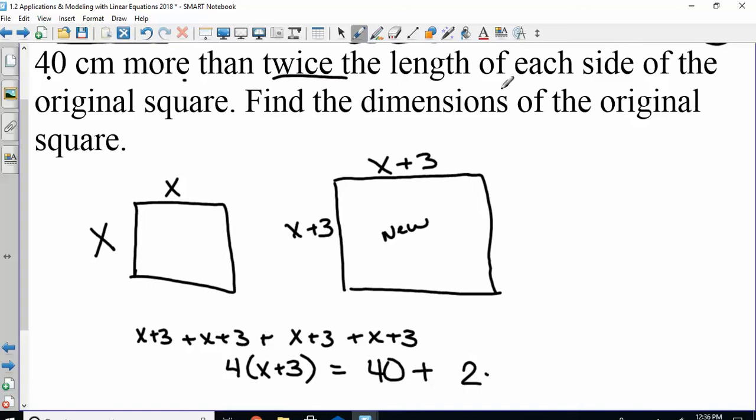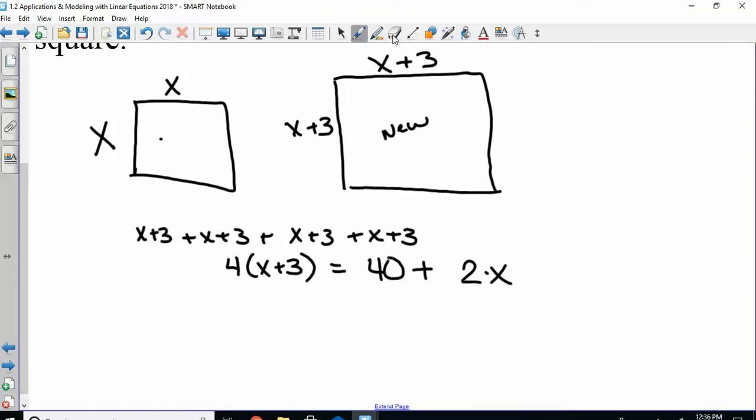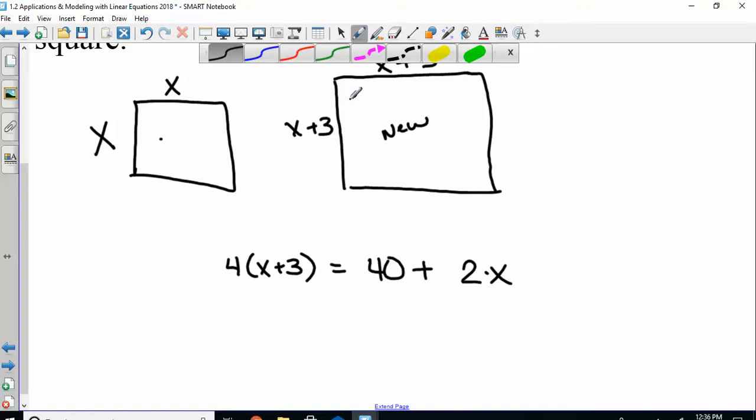Times 2, so 2 times the length of each side of the original. This is my original, the length of the side was x. So there's my equation. And this is a pretty manageable equation for us to solve. We distribute the 4.